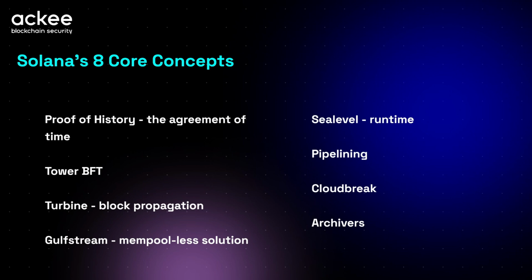On Solana, every transaction is signed by the user, and then the transaction is forwarded right to the validator that is selected as the leader at that time, and the leader processes the transaction. So there are no mempools.